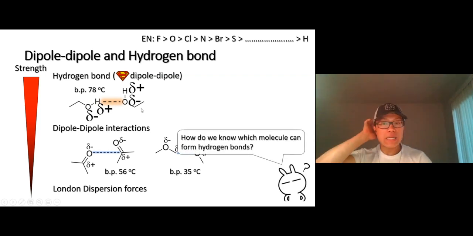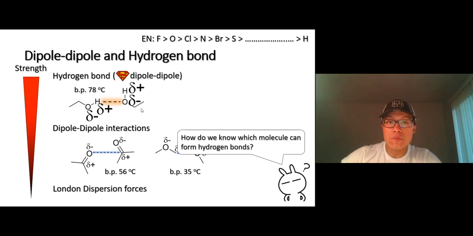Now the question is, how do you know which molecule can form hydrogen bond? That's why I have you memorize this mnemonic right here: first, organic chemistry, neat, verbal, and short. Hooray! So the top three, except chlorine, can form hydrogen bonding. And why is that? Because these are the top three highest electronegativity.